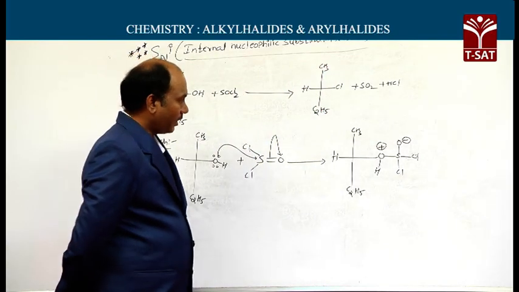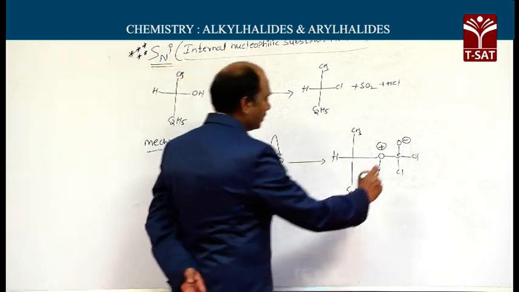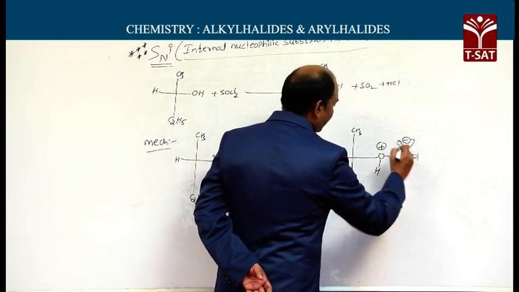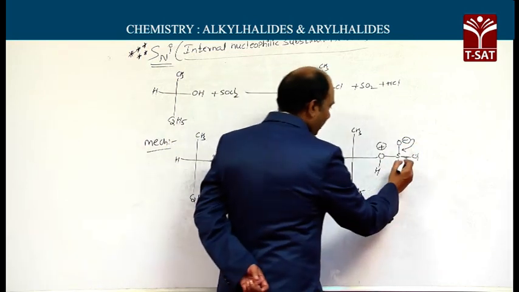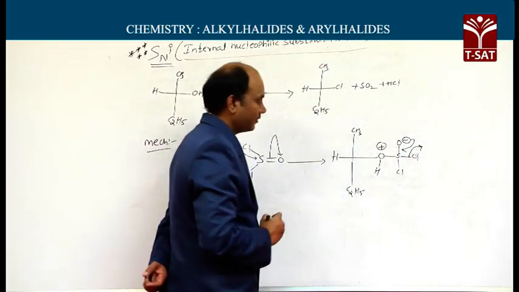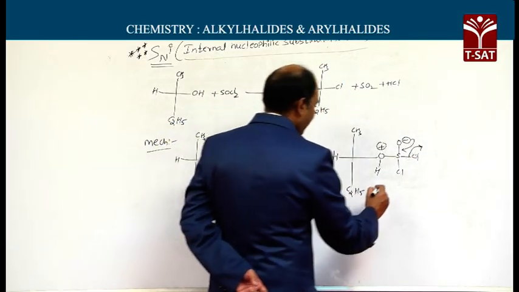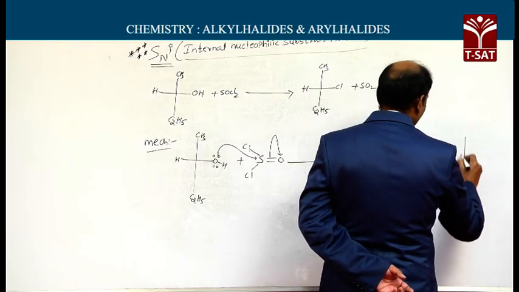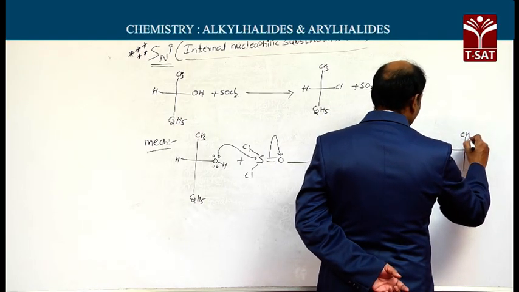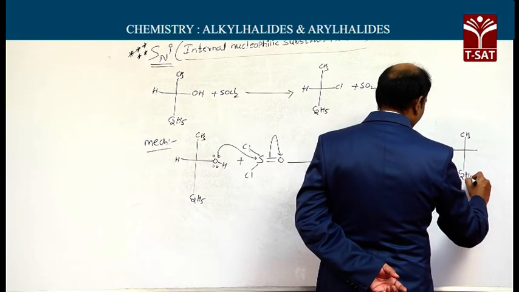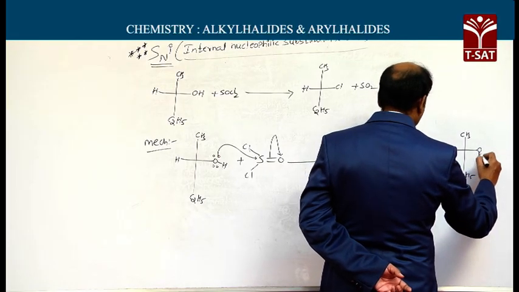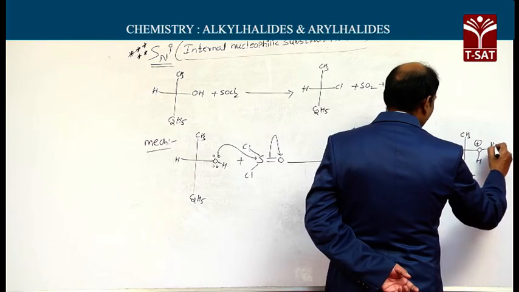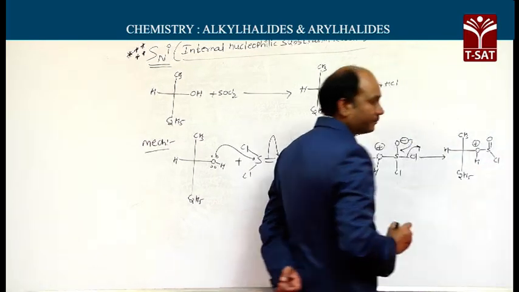After this, the negative charge migrates back and elimination of Cl minus takes place. After the elimination of Cl minus, we have H, CH3, C2H5, and OH plus attached to S double bond O, Cl.